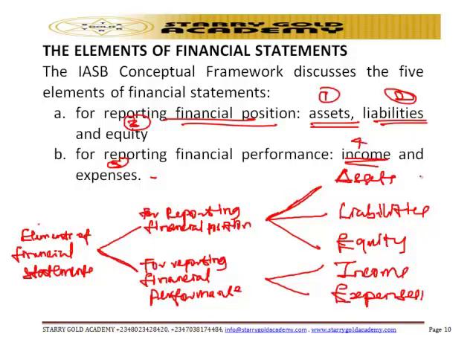So this is 1, this is 2, this is the third element, the fourth element, and the fifth element. So let's move on. Let's consider those elements one by one.